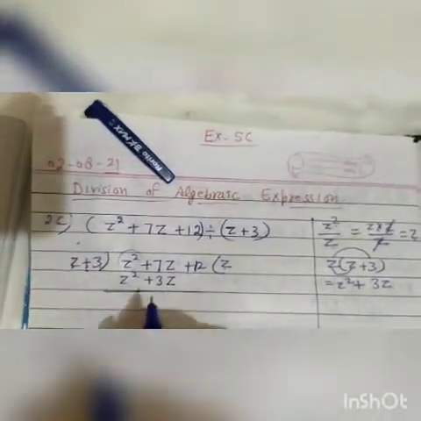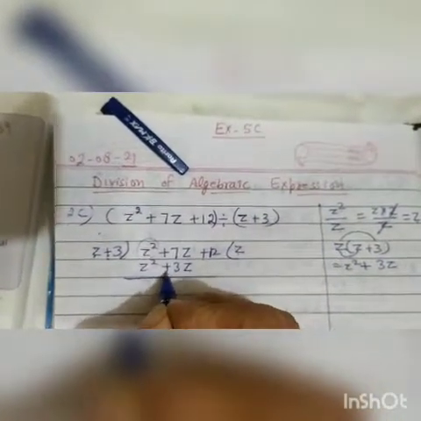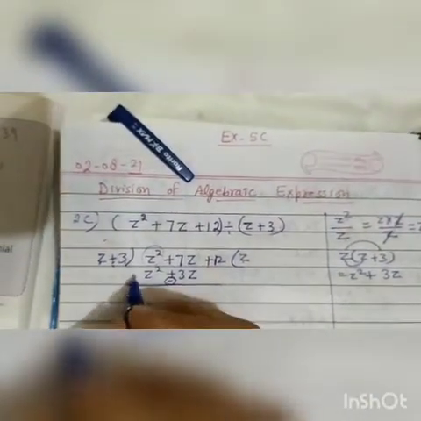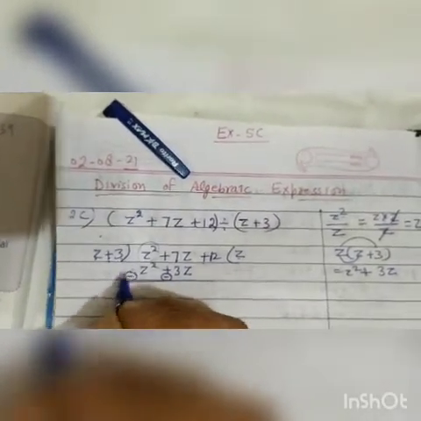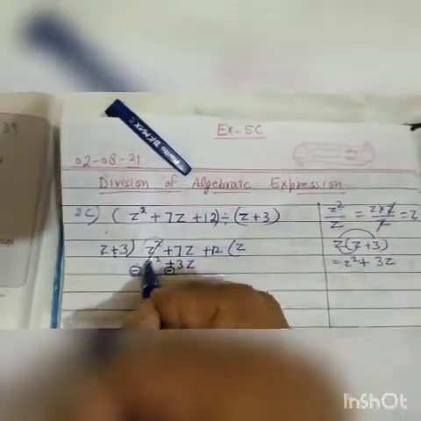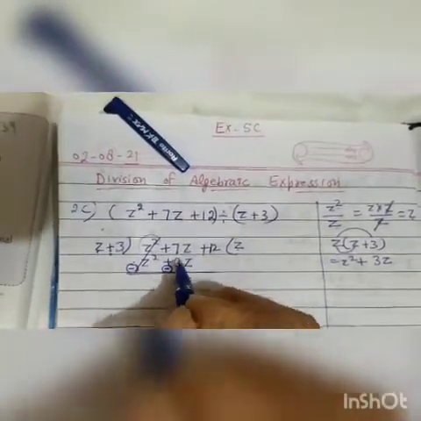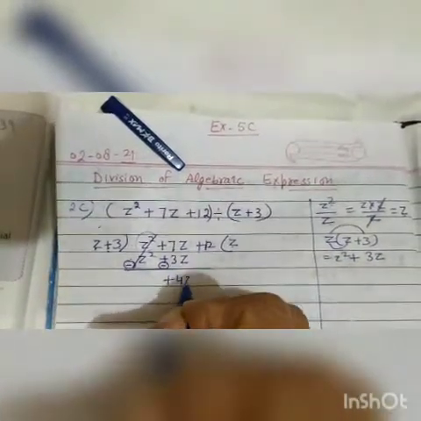Now subtract. For subtraction, first we will change the sign. This is plus, we will change it to minus. This is also considered as plus, it will change to minus. Now this plus z square and this minus z square will be cancelled. Plus 7z minus 3z, we get plus 4z.